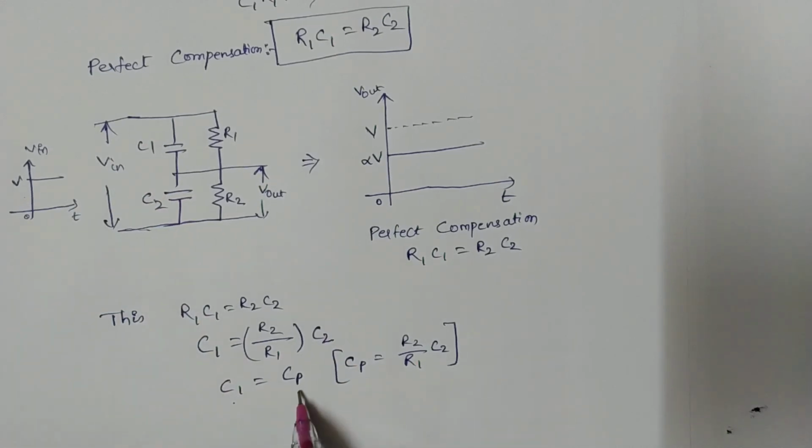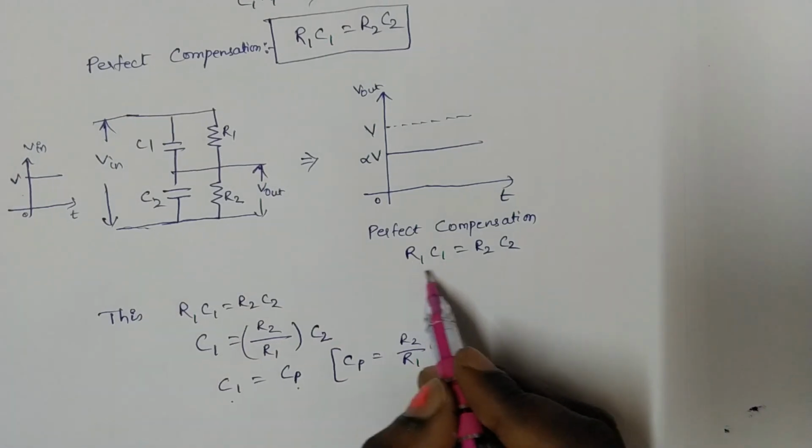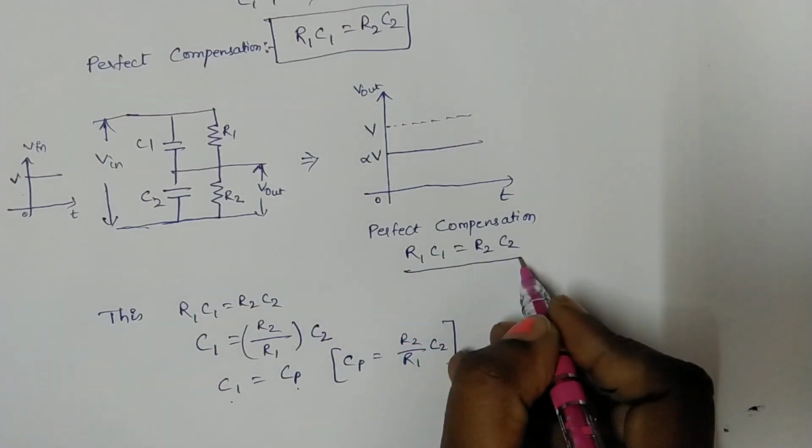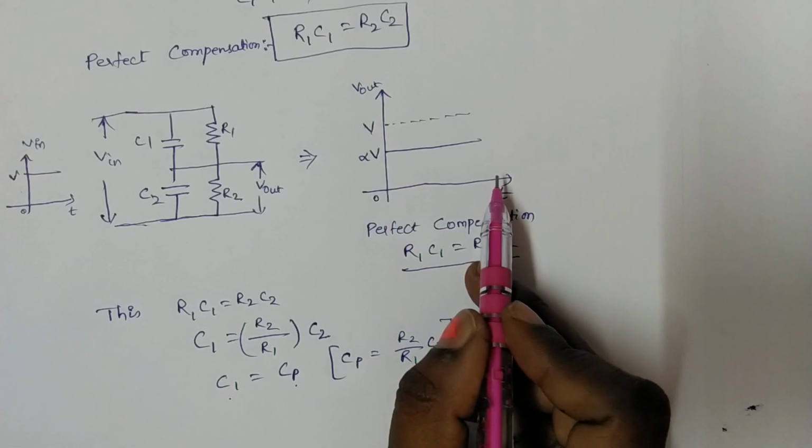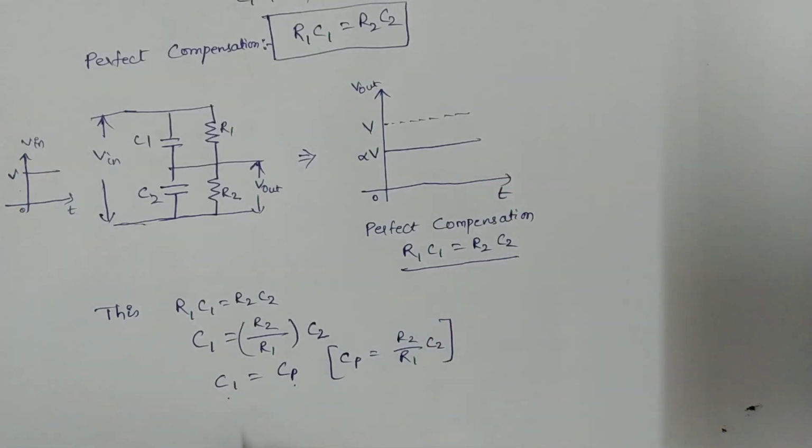Whenever C1 is equal to Cp, it is called a perfect compensation. The output will be produced like this. Okay, you all understanding?